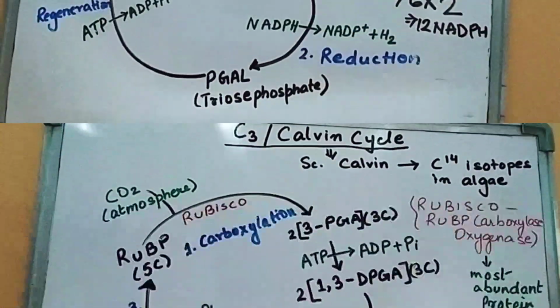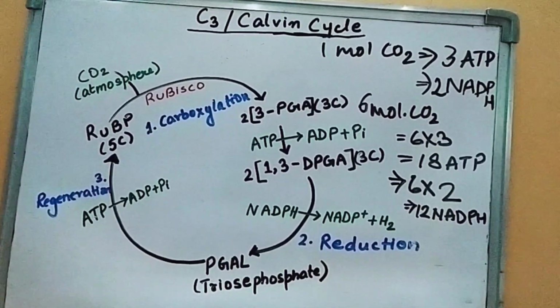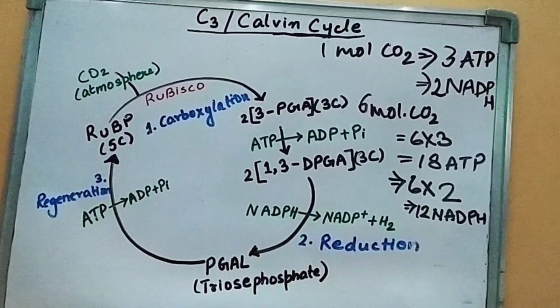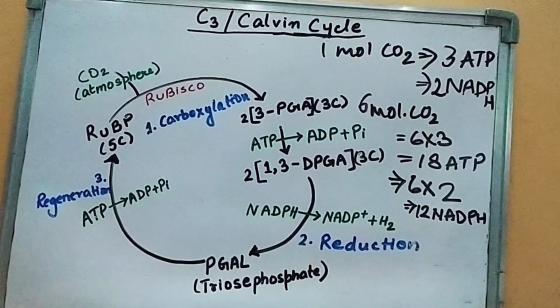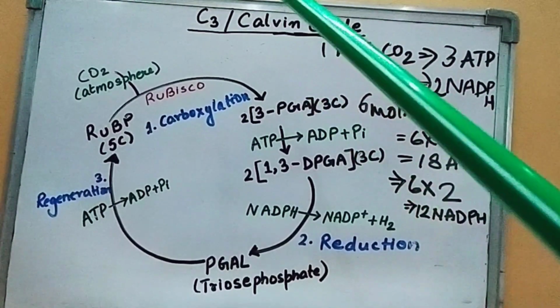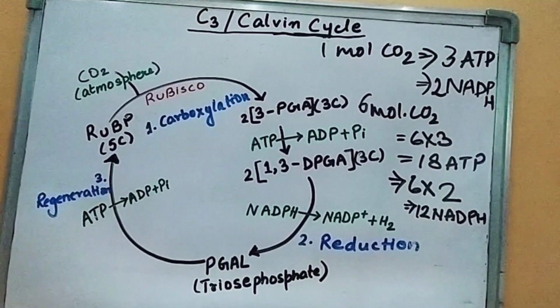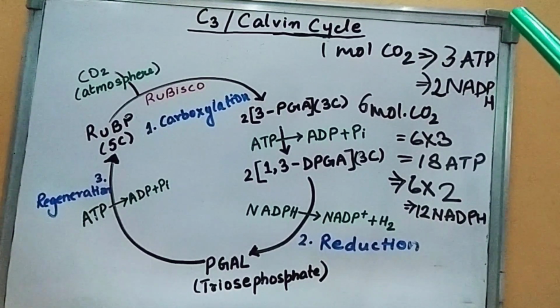In the next part we need to understand, after the Calvin cycle, how many total molecules of ATP and NADPH were used in this cycle. Now, while fixation of 1 molecule of carbon dioxide, total how many molecules of ATP were used?